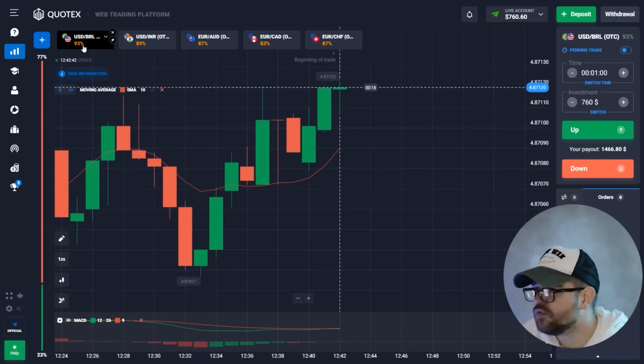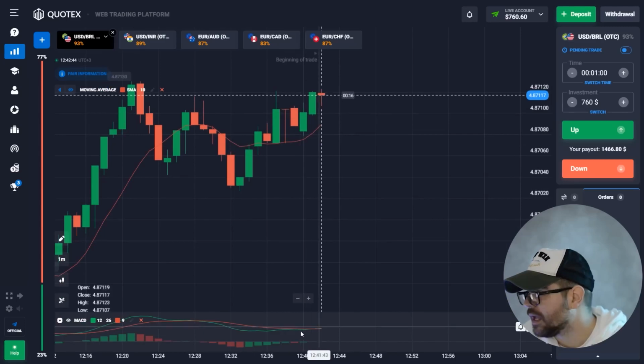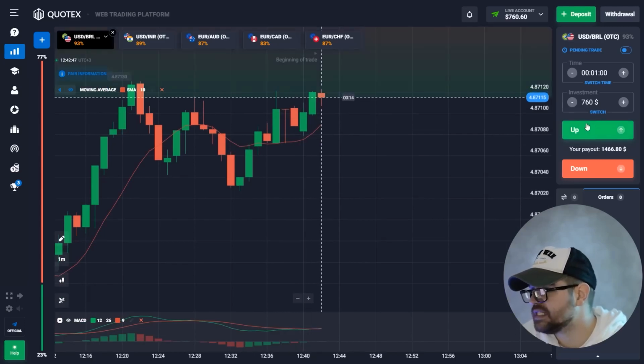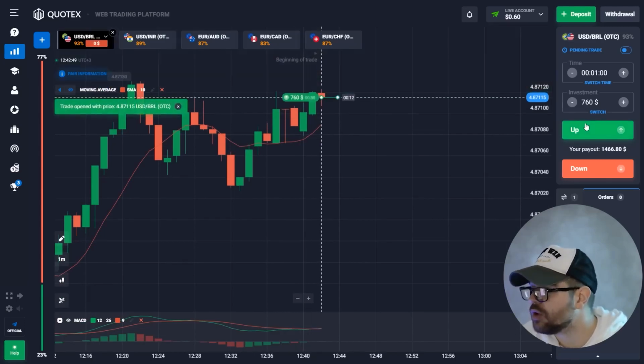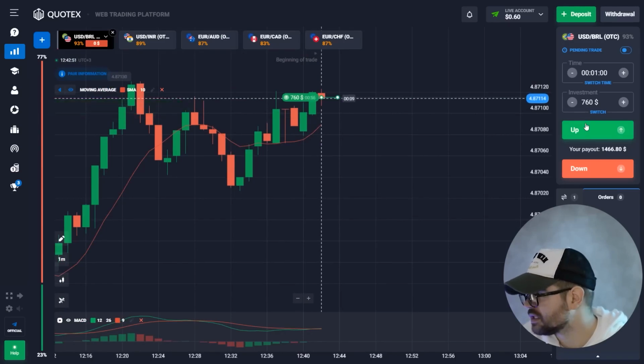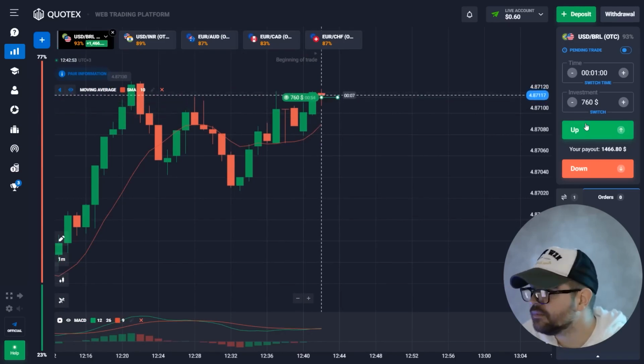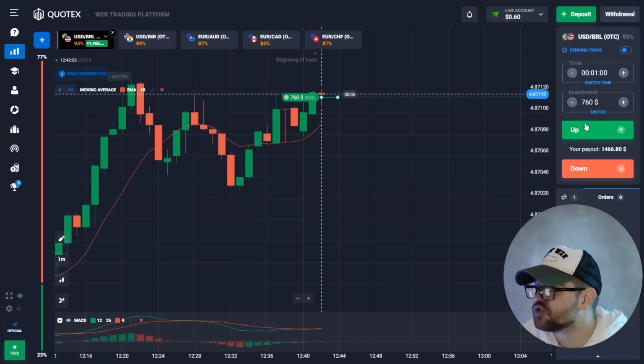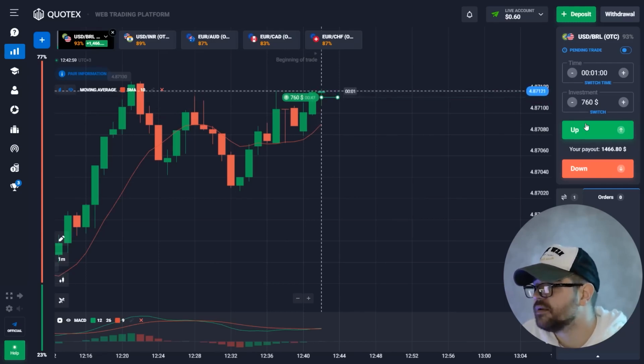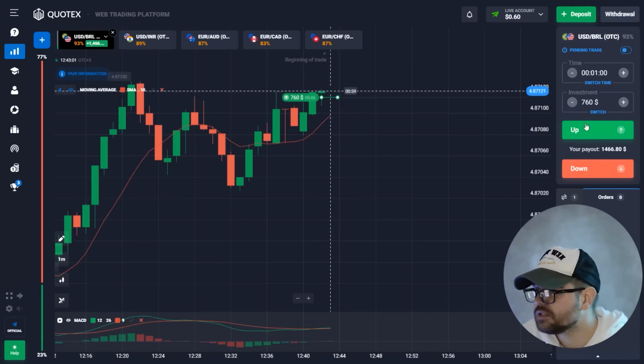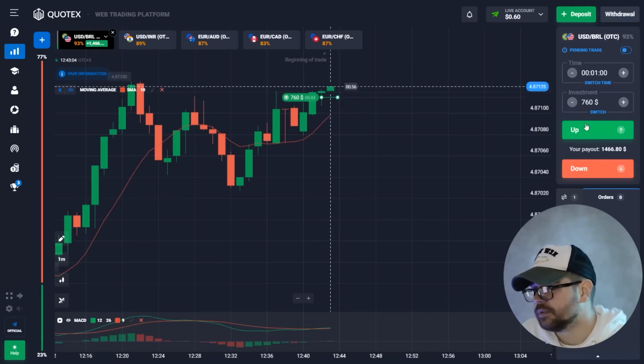Okay, so I'm gonna go 760 and see the MACD, what it's doing, and we're gonna go with a call option because there are a few strong candles there showing some bull trend.